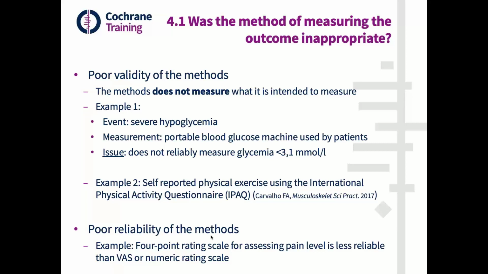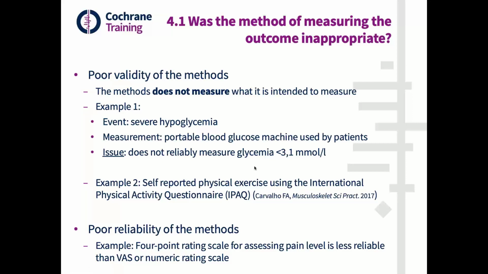However, you know that this machine does not reliably measure hypoglycemia of less than 3.1 millimole per liter. So you know that this device won't be able to detect a very strong hypoglycemia. And you're really in a situation where you will have an under-ascertainment of the outcome.